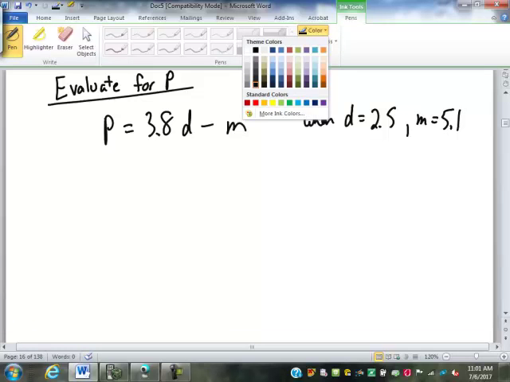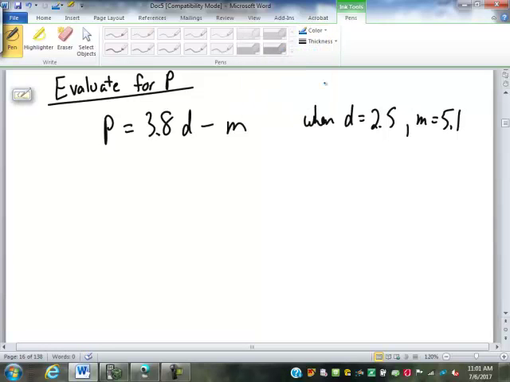Well, what that's telling us to do is replace D with 2.5. So it's going to be times 2.5 here. Or I can put it in parentheses. Now I use the X instead of just the dot so that we don't confuse the dot with another decimal point.